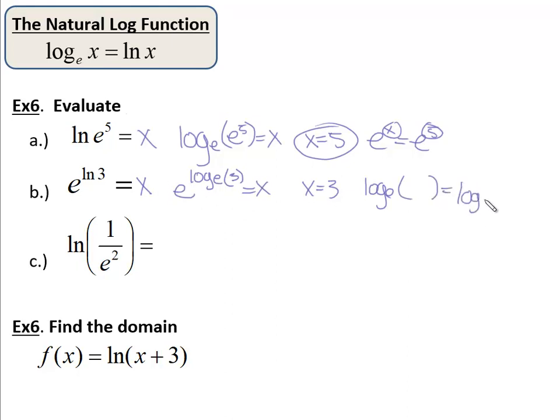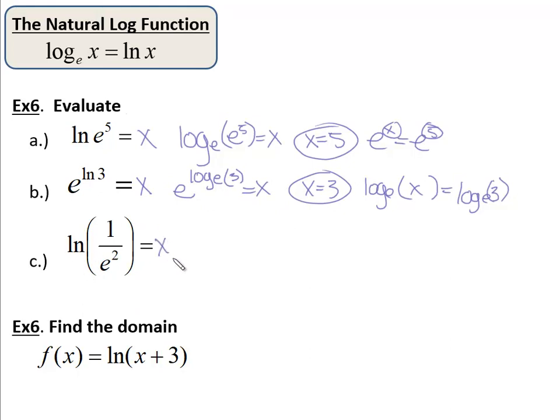Log base e of 3 equals x. And because one logarithm with the same base equals the other logarithm with the same base, the insides have to be equal. X has to equal 3. That's kind of the long way here. Really, if you remember that property, and remember that natural log is log base e, we can get straight to 3 much quicker.